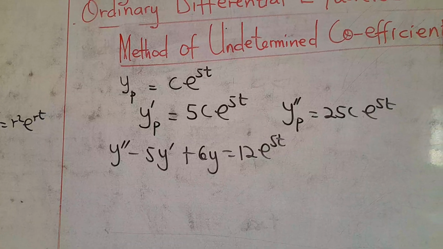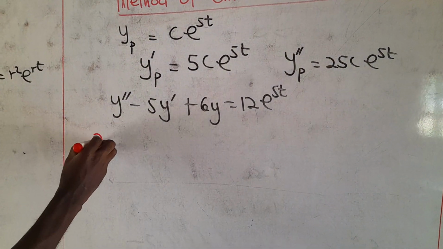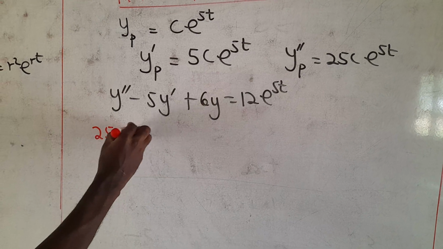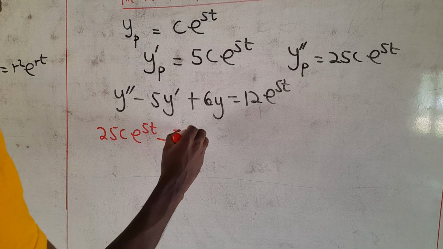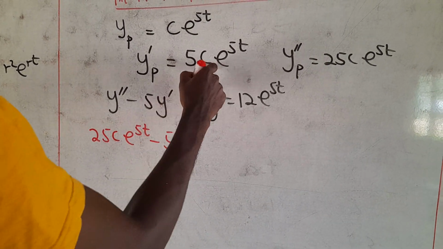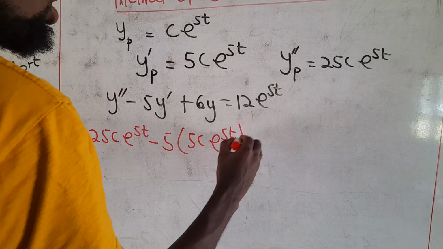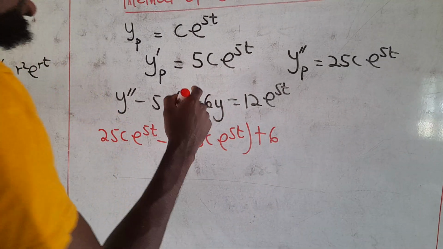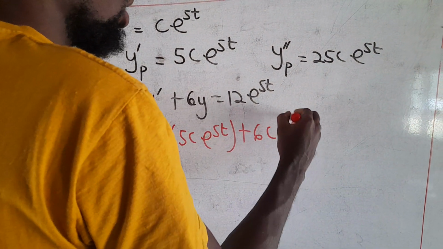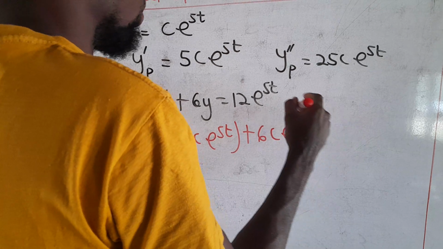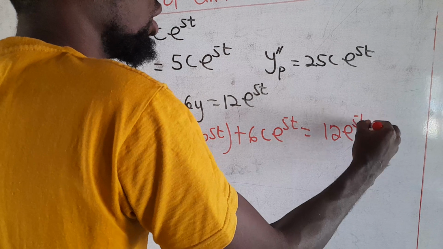So when we substitute our y'', which will be 25ce^(5t), then minus 5 times y', which is 5ce^(5t), then plus 6 times y, which is ce^(5t), equal to 12e^(5t).